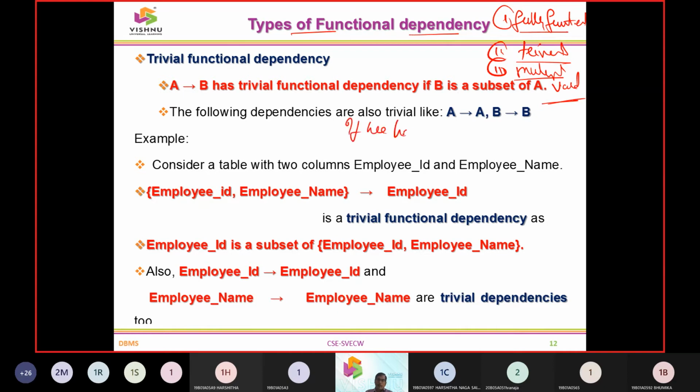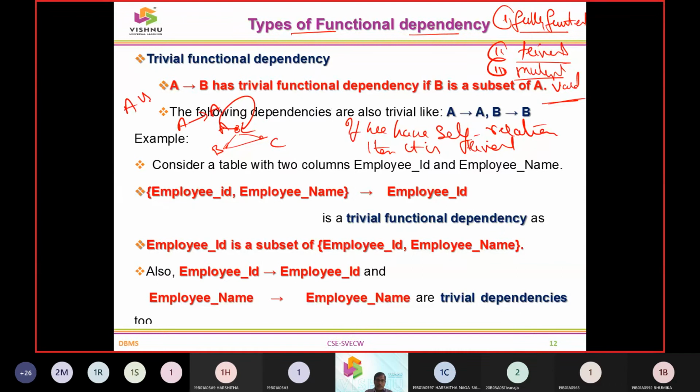If we have self relation, then it is trivial. I have a graph with 3 nodes A, B and C. A is related to A, right?